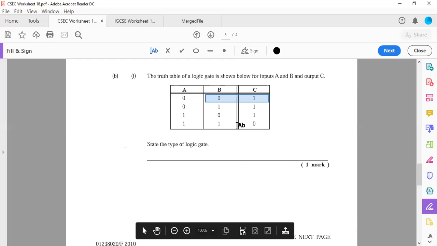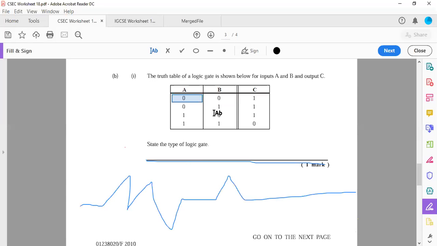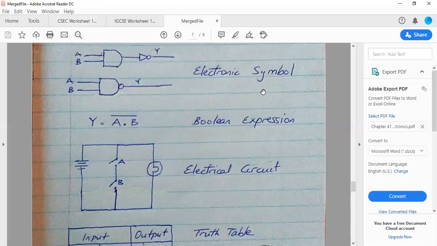They said this is a truth table for the logic gate shown below. If you notice the truth table here, you only have a 0 when both of your inputs, A and B, are 1. Name the type of gate that would give this. Once you have a 0, your output is 1, and when both of them are 1, your output is 0. Which gate do you think that is, coming from a lecture here? Which gate do you think it is?